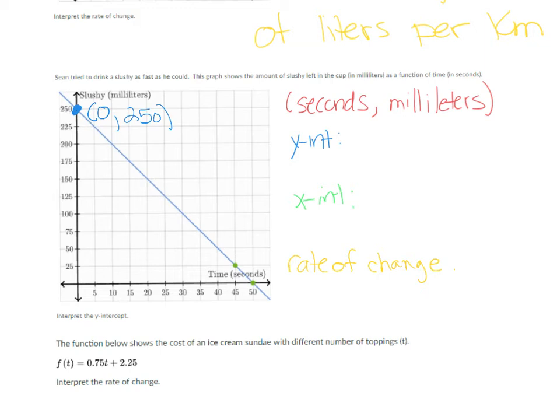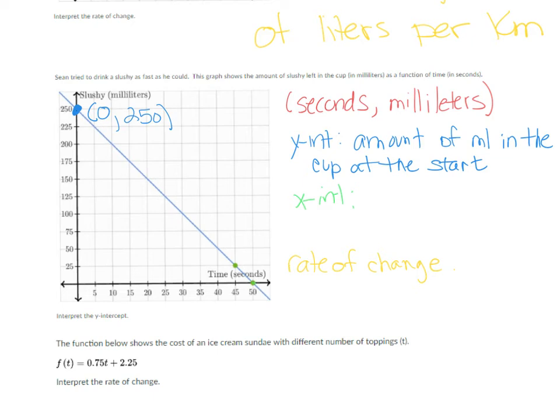So it's the amount of slushy that Sean starts with. I'm just going to write that it's the amount of milliliters in the cup at the start.